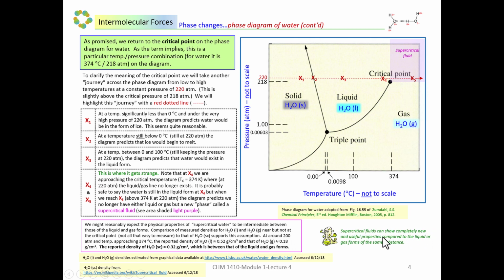You might say, what's the point of producing water in this weird supercritical fluid state? It turns out that supercritical fluids can show completely new and useful properties compared to the liquid or gas forms of the same substance.